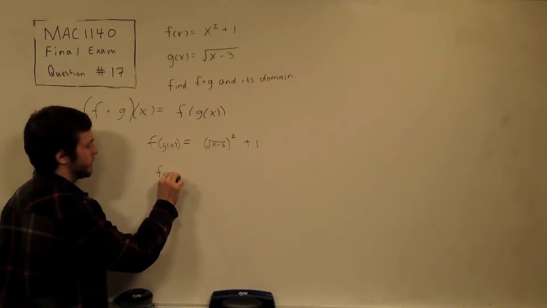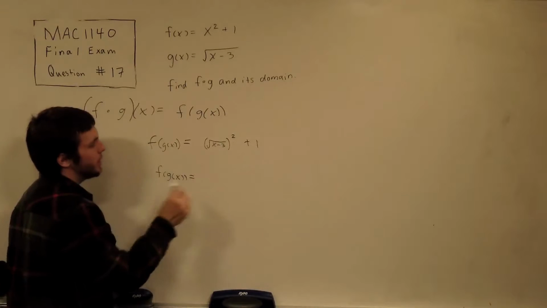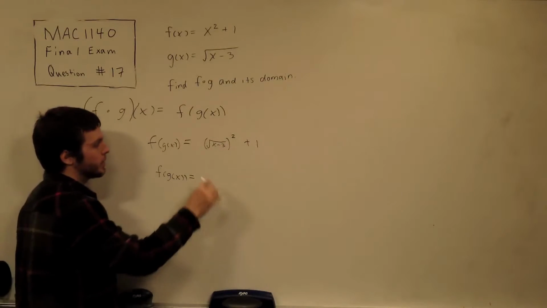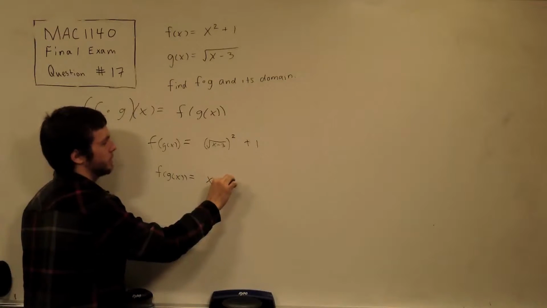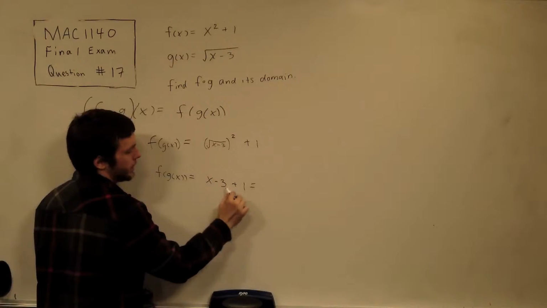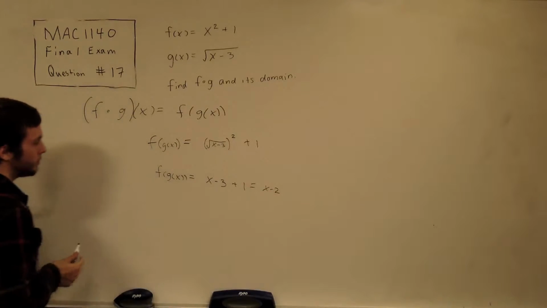Your left-hand side stays the same, f of g of x equals, here we have the square root squared, so those two things cancel each other out. So all we have now is x minus 3 plus 1. In other words, negative 3 plus 1 is negative 2, so x minus 2.